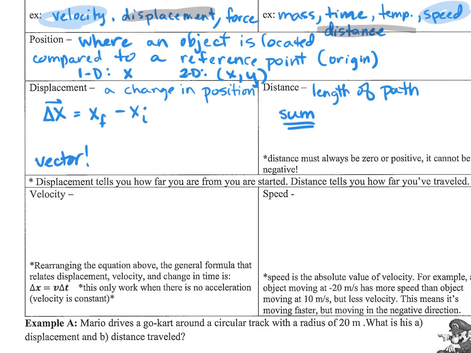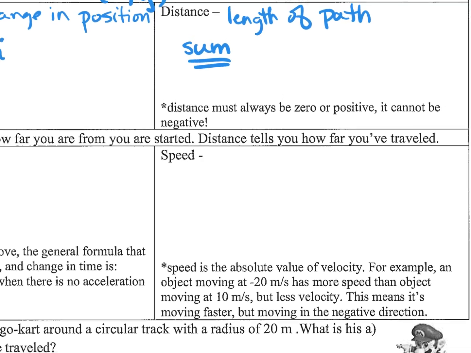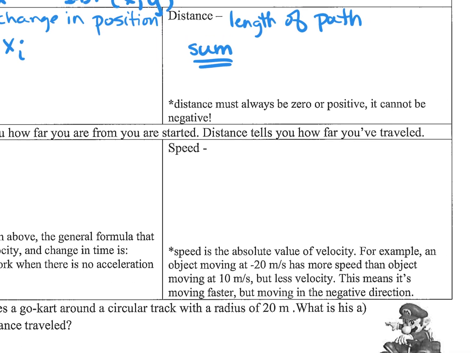Notice what it says here about distance. What does it say about distance? Distance must always be what? Zero or positive. Can we have a negative distance? No, we can't, can we? If we start putting negative signs on it, that's direction. That makes it a vector. If I say you went negative 6 meters, I'm telling you, you went 6 meters backwards or in the negative direction. But the distance you went is still 6 meters, isn't it?